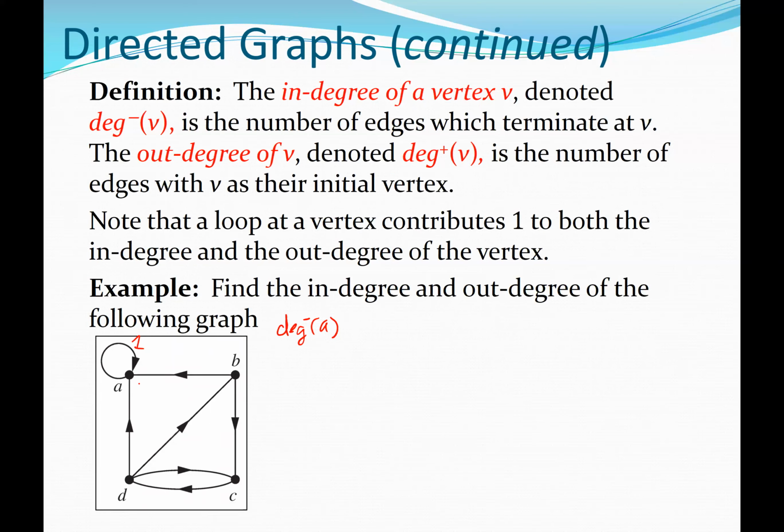A didn't connect to B, A didn't connect to C. So the in degree of A is only one. All right. So the in degree of vertex B, is anyone coming to B? Yeah, D comes back to B, so that's one. And then that's it.